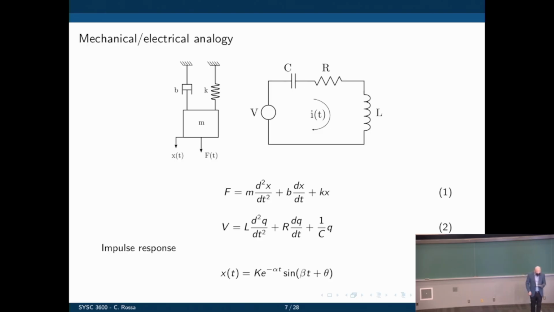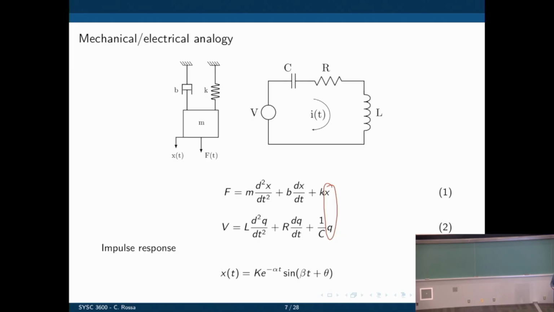So what can we see from this analogy? Well, we can now try to combine these two equations and see what functions these elements in the mechanical and electrical circuit do, and which ones are equivalent. Let's start with this equation here. We see that in this equation, the last term that doesn't take a derivative is x and q.